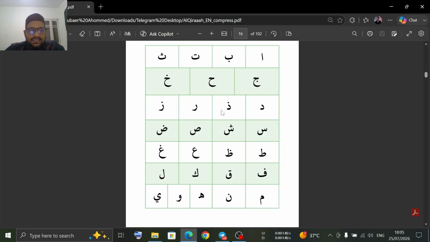Every letter has a unique sound, and many of these sounds do not exist in English. Don't worry if some letters feel difficult today. With practice, they will become very natural to you.